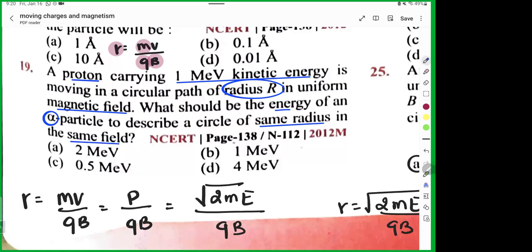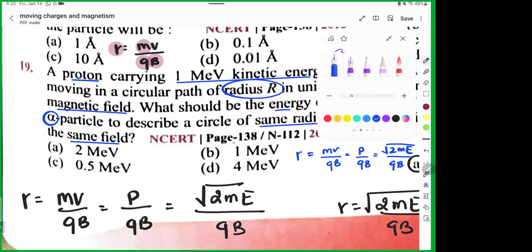So you know R is equal to mv by qB. They're asking for energy. mv is also equal to p, so R is p by qB, or p is equal to under root 2mE. For alpha and proton, you know mass and charge.